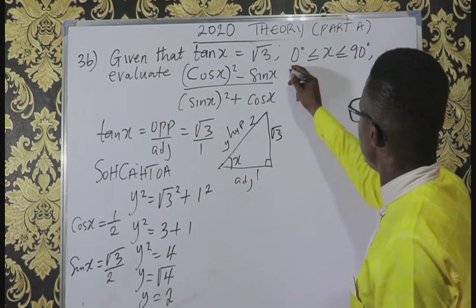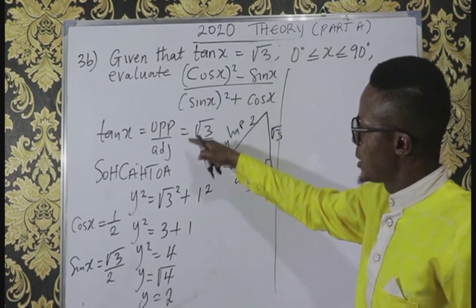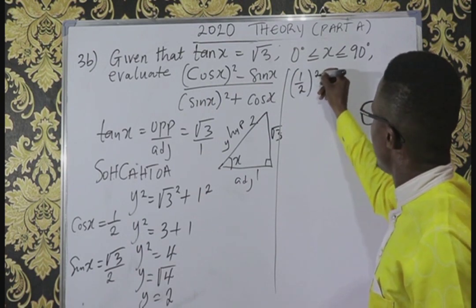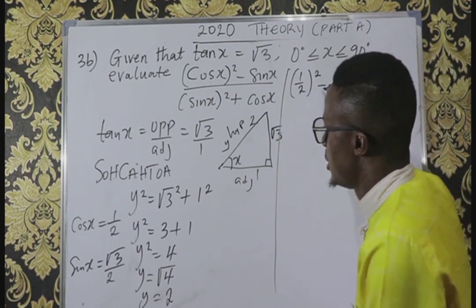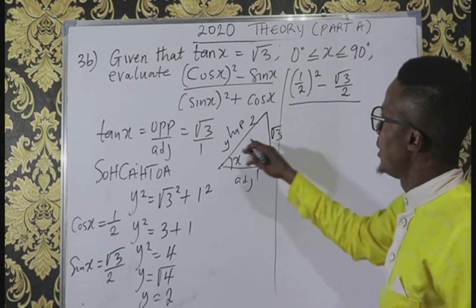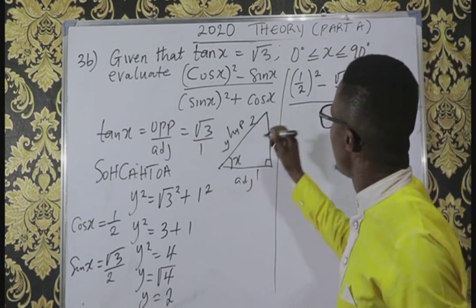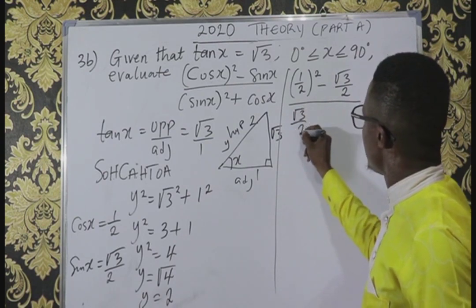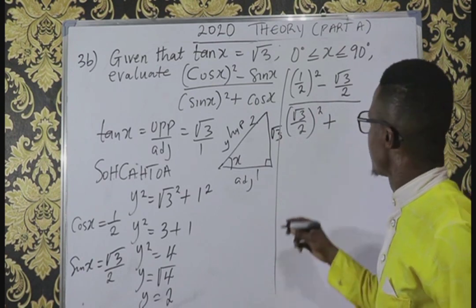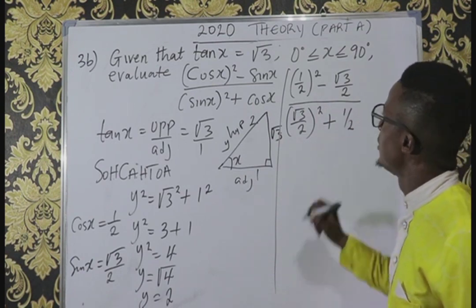So coming here now, cos x, I'll plug in 1 over 2. So I have 1 over 2 to the power of 2 minus sine x, which is root 3 all over 2, over sine x again, I'll put root 3 over 2 to the power of 2 plus cos x, I'll put a half.